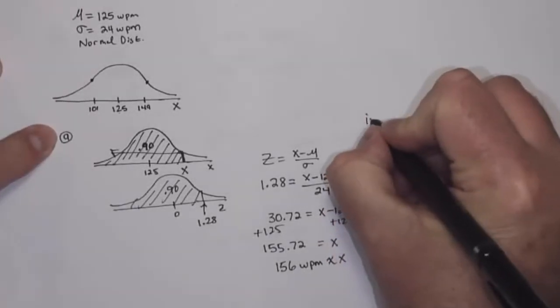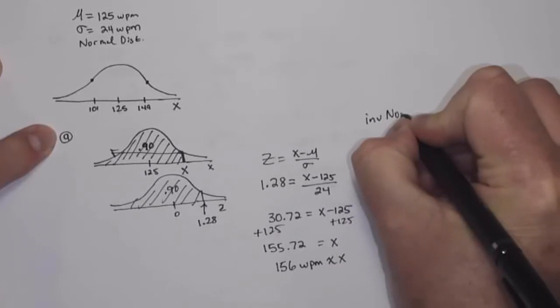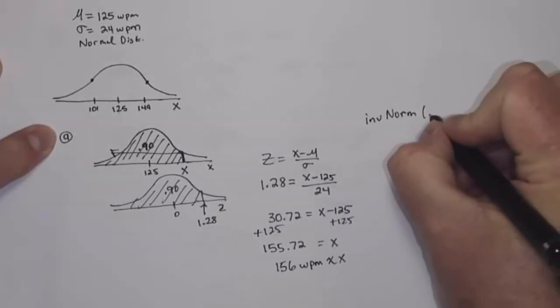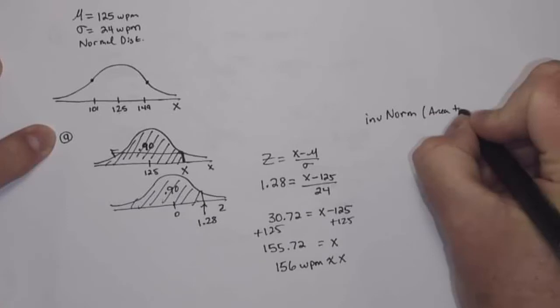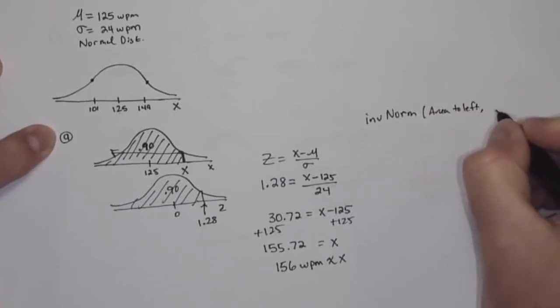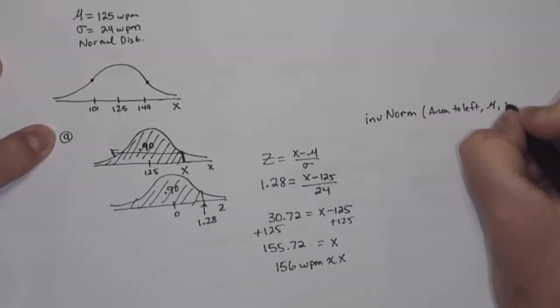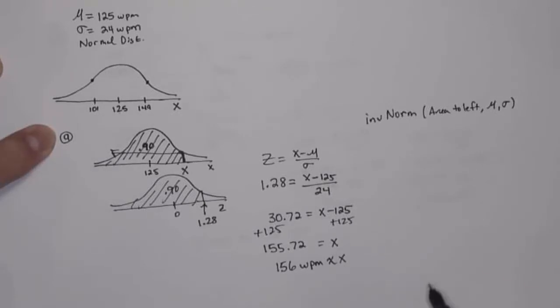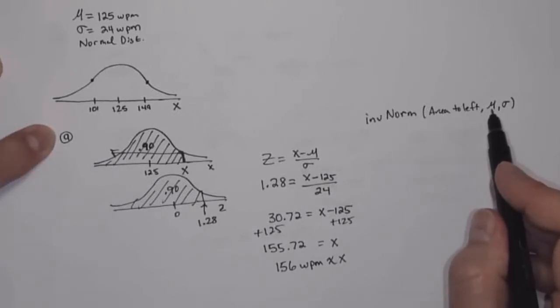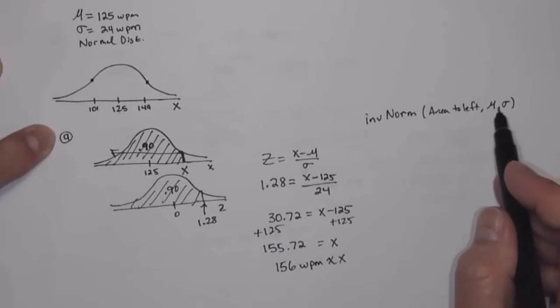So remember, with the inverse norm command, we put in the area to the left, comma, then we put in the mean and we put in the standard deviation. Well, before we used 0 for the mean and 1 for the standard deviation because we were dealing with the standard normal.